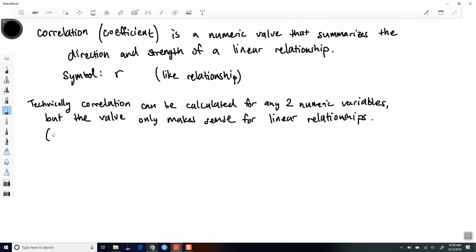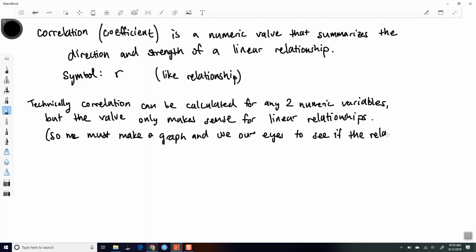So we must make a graph and use our eyes to see if it is linear.